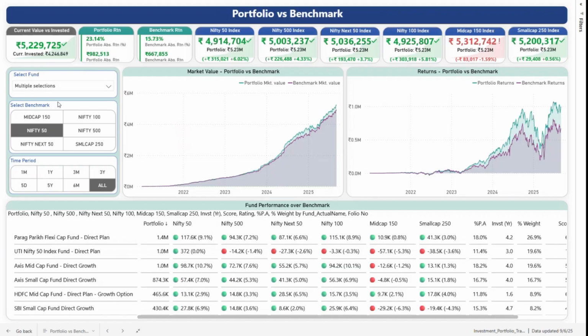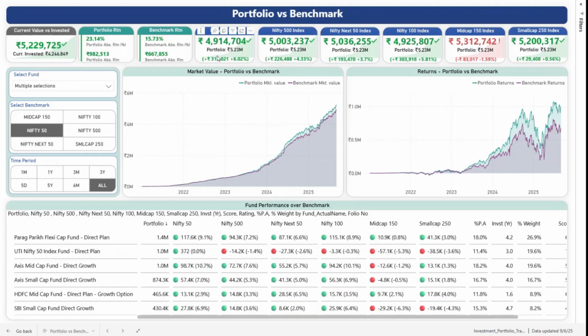So I will tell you the example. Let's say your entire six funds together, your investment is 42 lakhs and it generated 52 lakhs, which is a portfolio return of 9,82,000, which is 23%. But if you would have invested in a Nifty 50 index fund, it generated only 49 lakhs, but your portfolio, all six funds altogether, generated 52 lakhs.